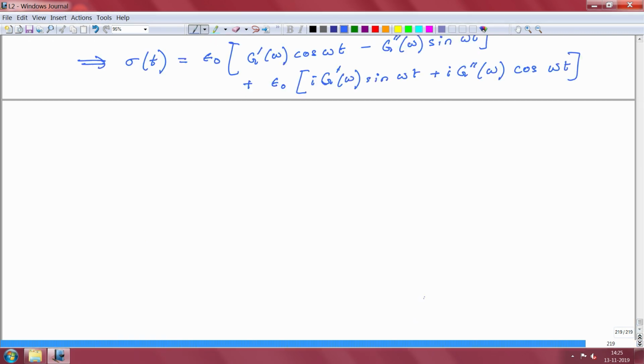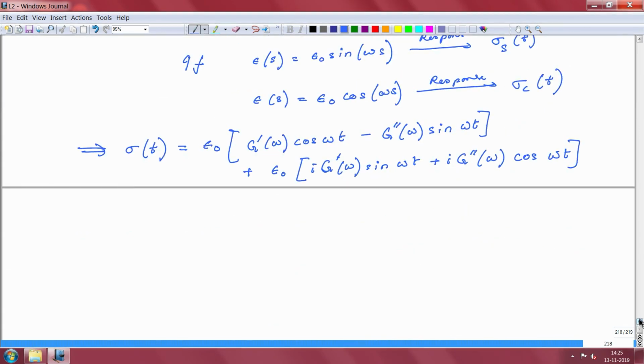Okay. So, what we want to do now is let us get all the g dash terms together. So, what we should do now is we should get all the similar terms together. So, we will say epsilon naught into g dash of omega, you put it in a bracket.